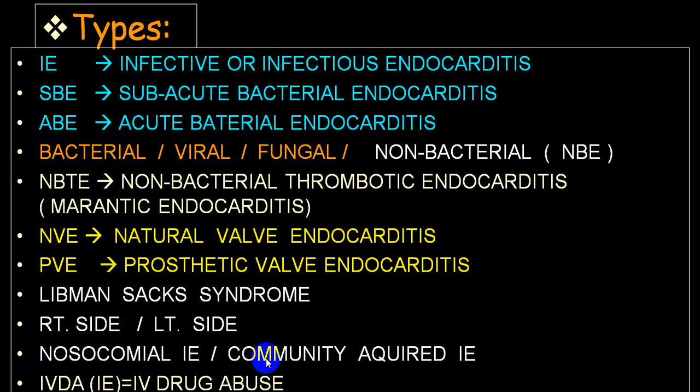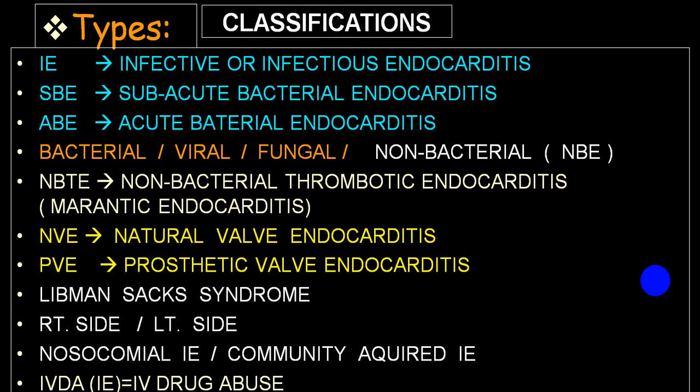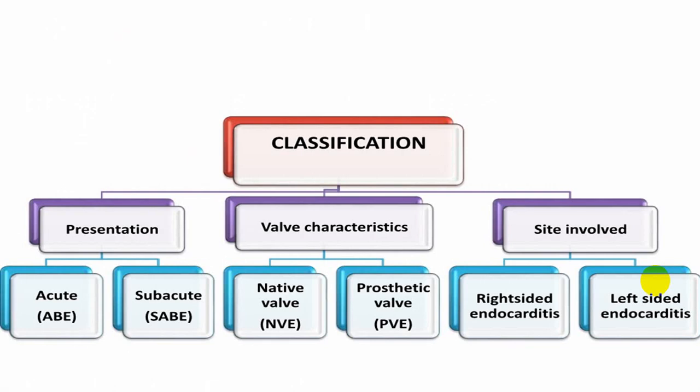But if it is because of a community acquired organism, it is called community acquired infective endocarditis. And in case of an IV drug abused person, it is called IVDA infective endocarditis. These are all the different terms which are being utilized in case of infective endocarditis.